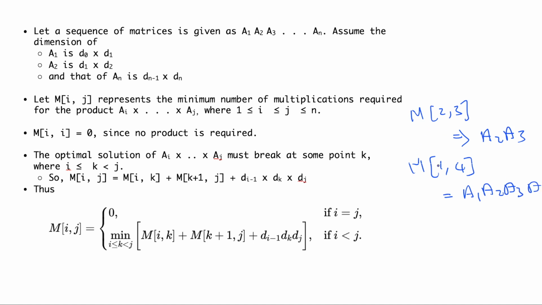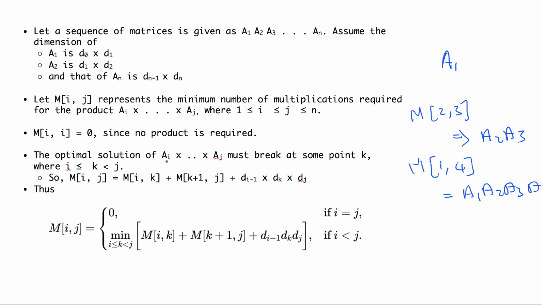So that is the meaning of this notation m of i,j. Another point is m of i,i will always be 0, because if you want to find a matrix A1 itself, that doesn't make any sense, because you do not need to carry out any multiplications. So the number of multiplications required to find a matrix itself is 0, since no product is required.